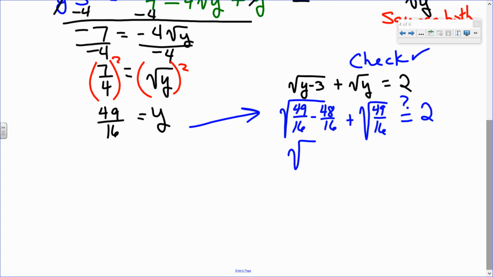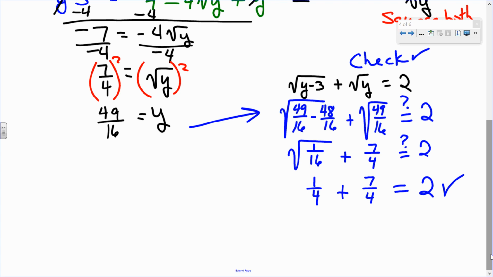So square root of 1/16 will be a fourth. Square root of 49/16 is square root of 49 over square root of 16, so 7 over 4. And sure enough, 1/4 plus 7/4 is equal to 2. So I'm in good shape. It checked. Y equals 49/16 is my answer on that.